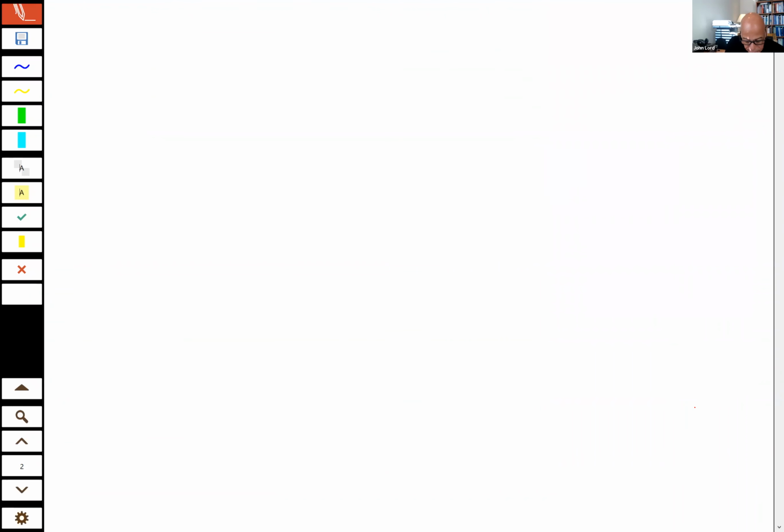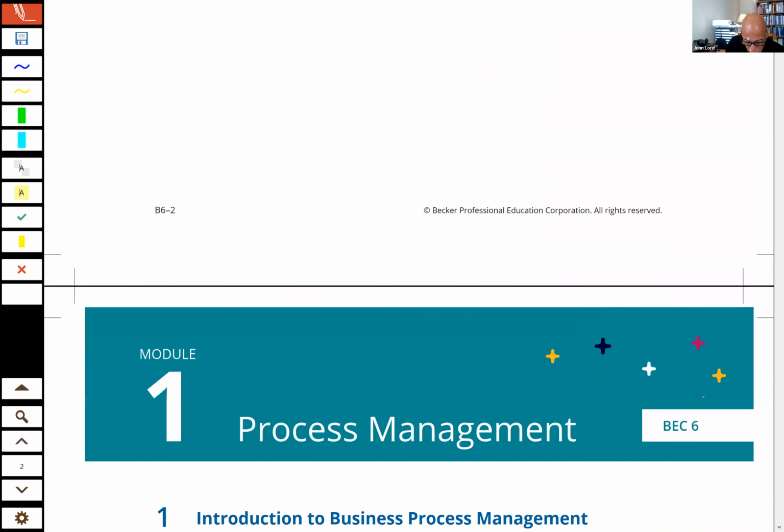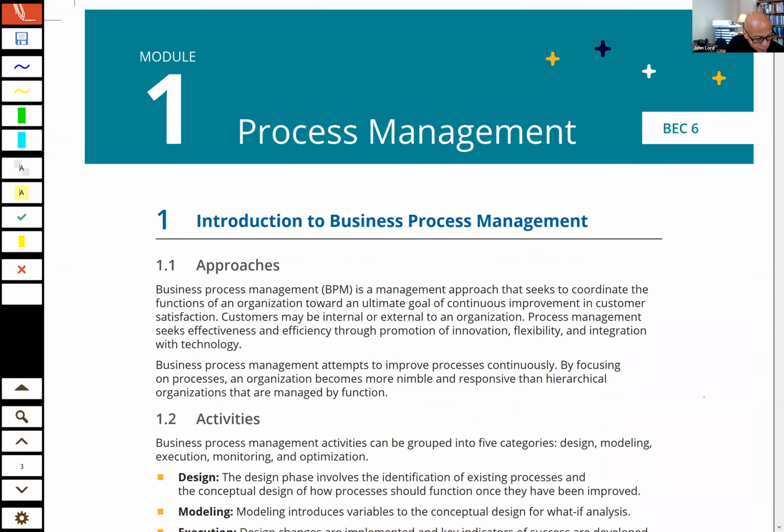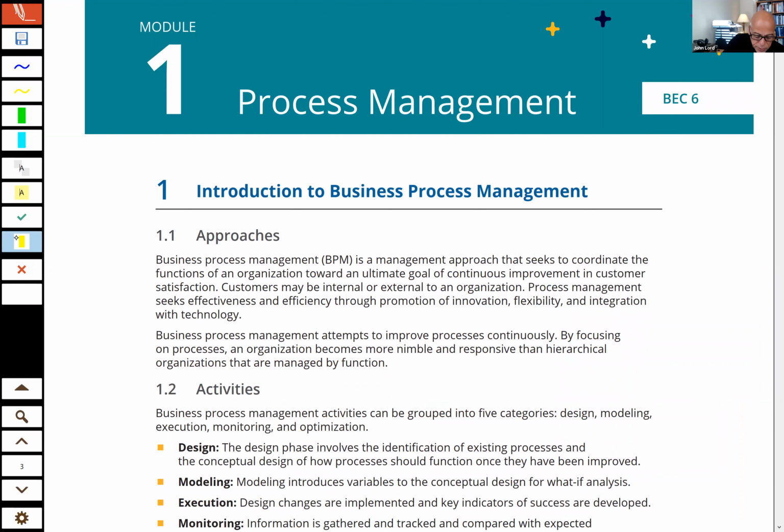Okay, and basically, when we talk about process management here in our first chapter, you can see that business process management really talks about the idea of continuous improvement in customer satisfaction.